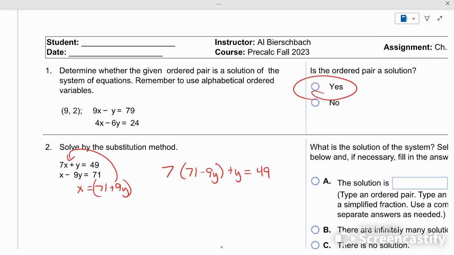So 7 times 71 is 497, right? No, 477. No. What's 7 times 7? 49. Yeah, 497 minus 63y plus y equals 49.